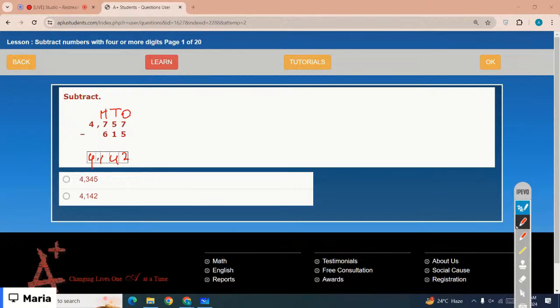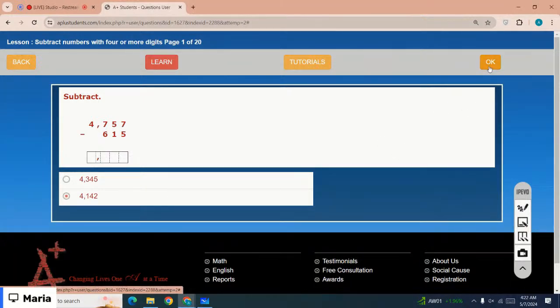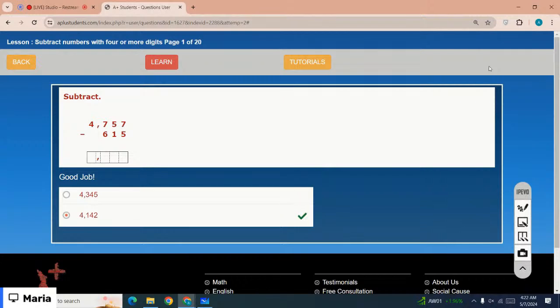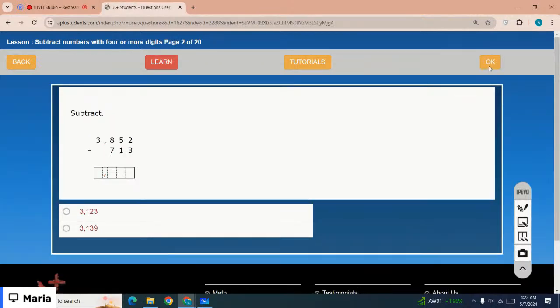That is option number 2 is the correct option, right? The next one is subtract 3852 minus 713, which is the correct option.